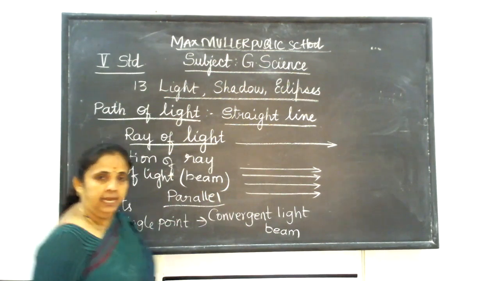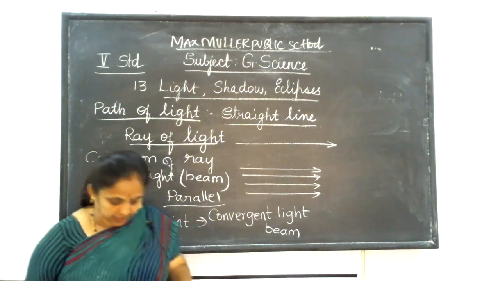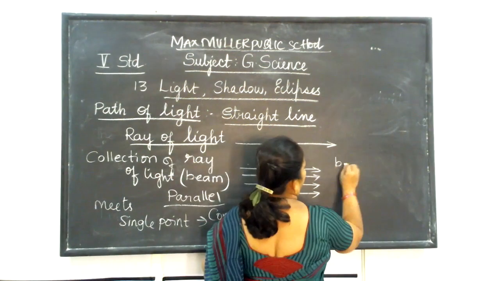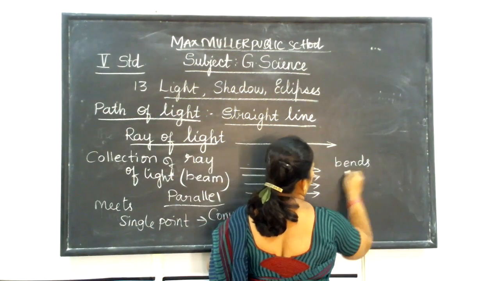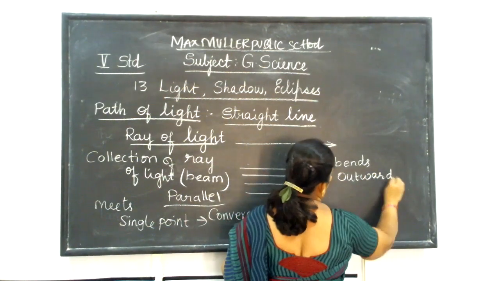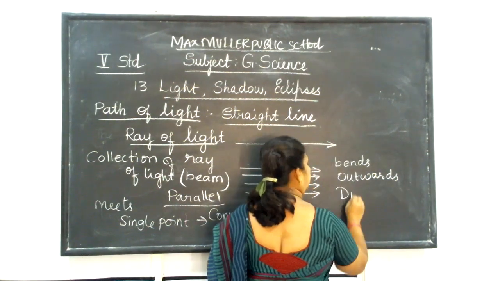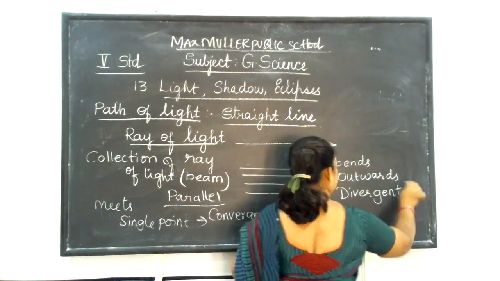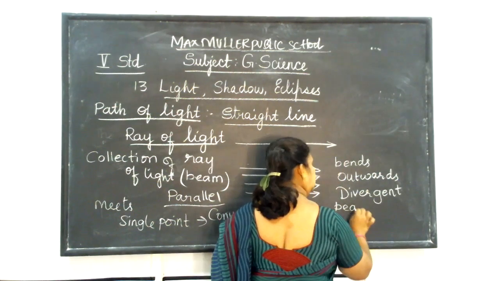On the other hand, if the beam of light bends outwards, we call it a divergent beam of light.